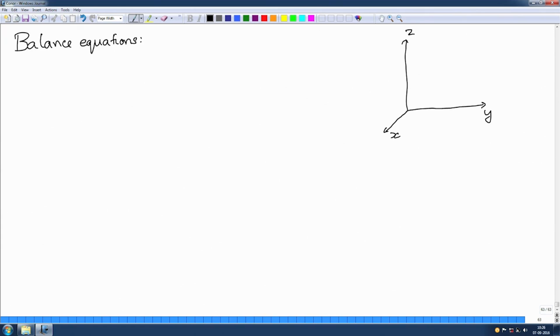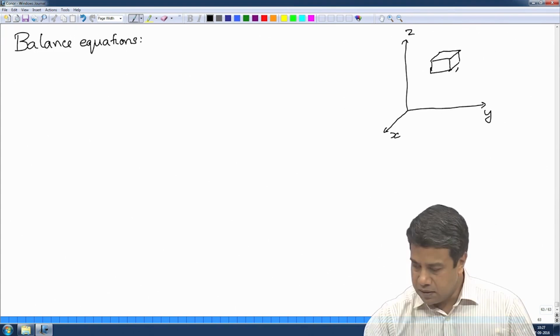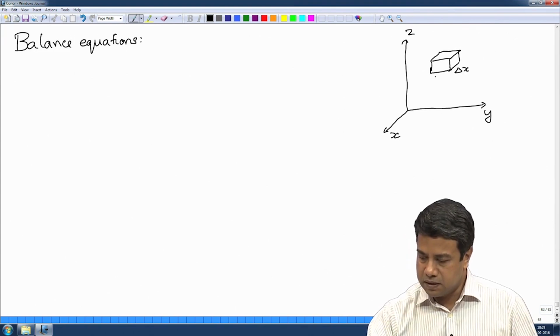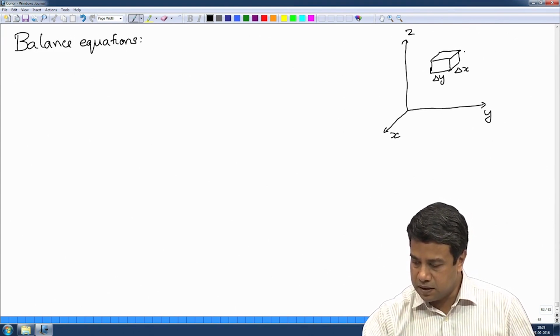So, in a Cartesian coordinate system, that differential volume will be a cuboidal volume with dimensions delta x in the x direction, delta y in the y direction and delta z in the z direction.